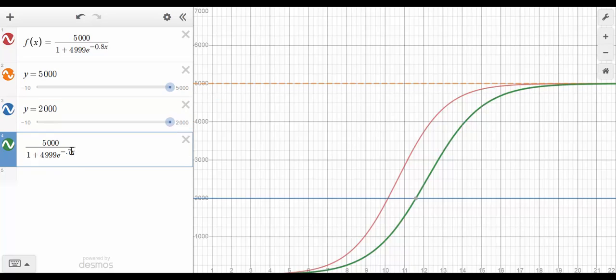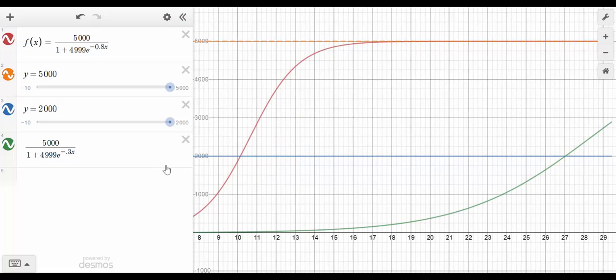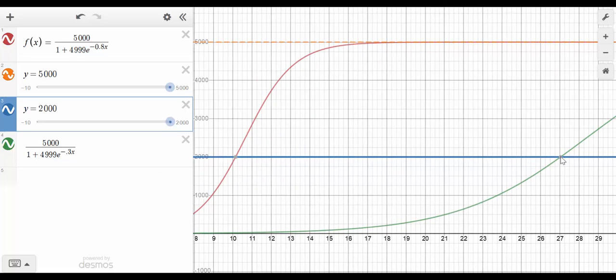So maybe we could change this a little bit more, maybe 0.5. Now look at out here. It's 16 days. Maybe make it 0.3. Now it's quite a ways out there. Let's see. 27 days.